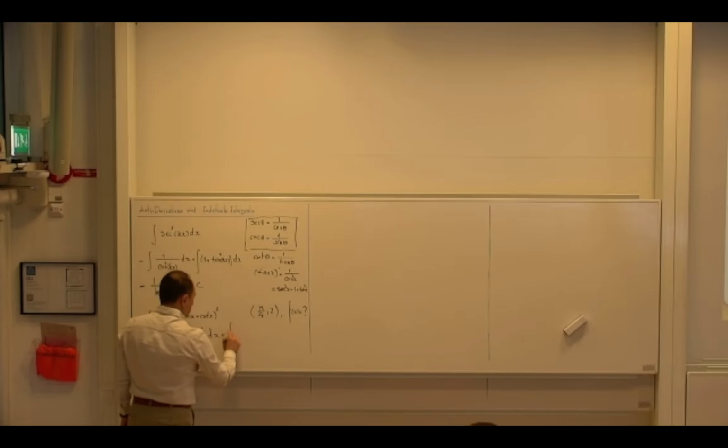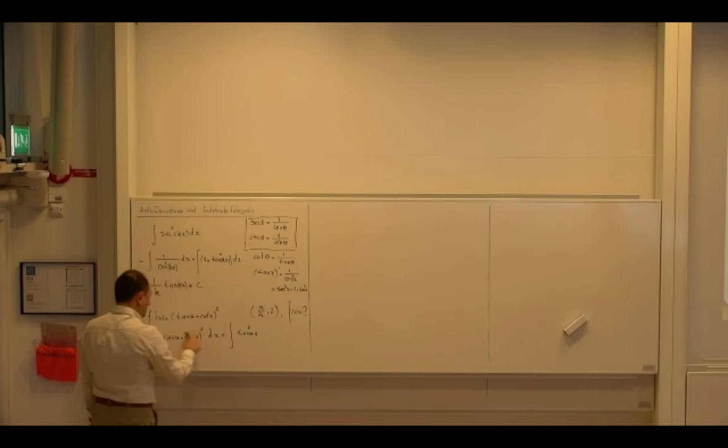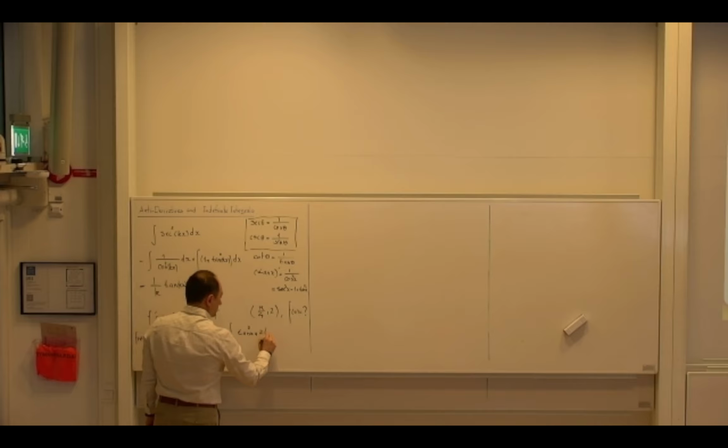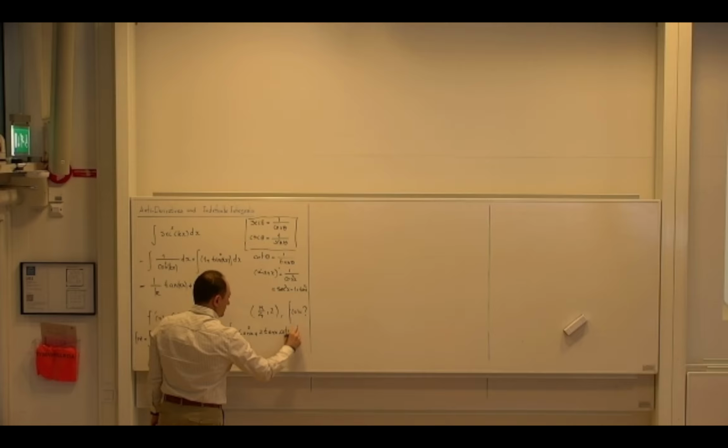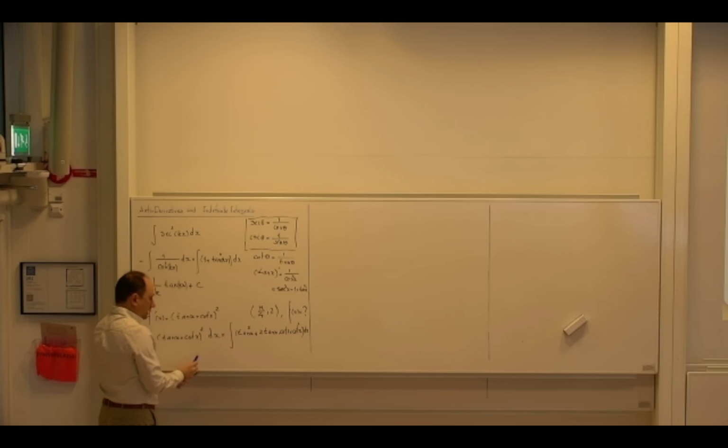So this is the integral of the first one squared, tangent x squared, plus 2 times the first one times the second one, plus the second one squared. Yes? And then I have dx. But can you tell me what happens here?